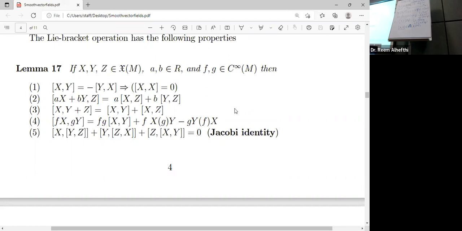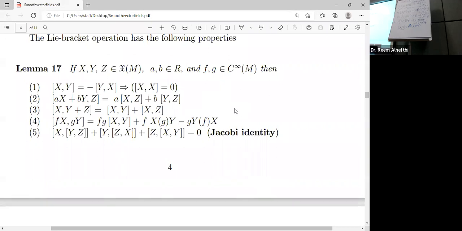Now, from this, the third result we can deduce from the first one and this one, from linearity with respect to the first variable and from antisymmetry. Here they are real numbers, but here they are smooth functions. I mean, property 3 can be reduced from 1 and 2.